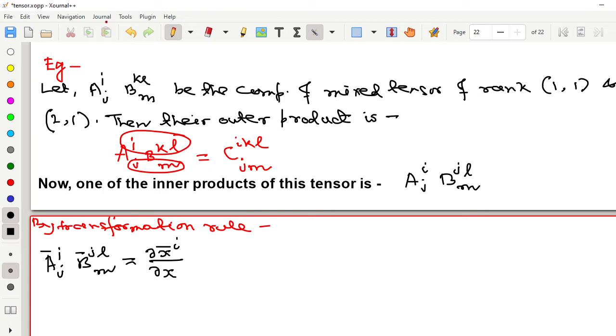I will use PQRST. P, Q, del x bar j, del x bar j, del x bar l, del x bar m.